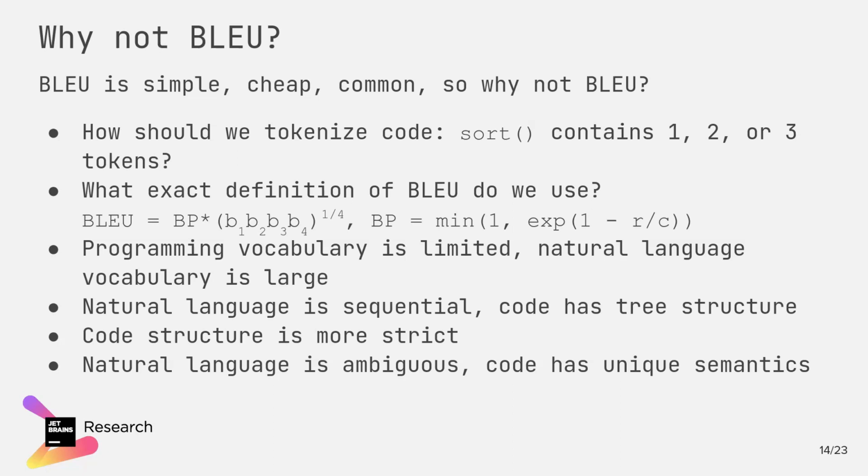Okay, and the related thing that Igor also mentioned is that we may argue that the keywords are different from the usual tokens. The keywords appear more often in programming than the identifier names and so on. And the keywords may be argued to be more important or less important than some of the natural language words.